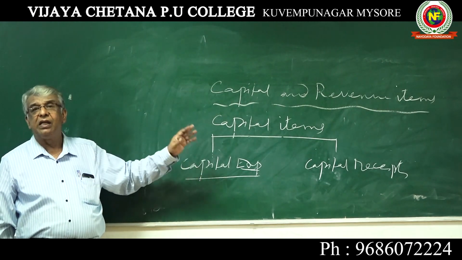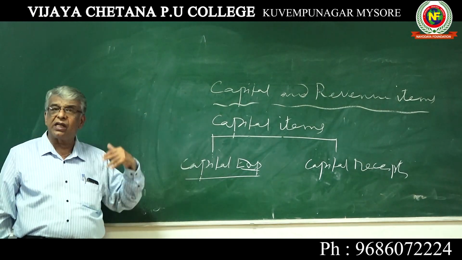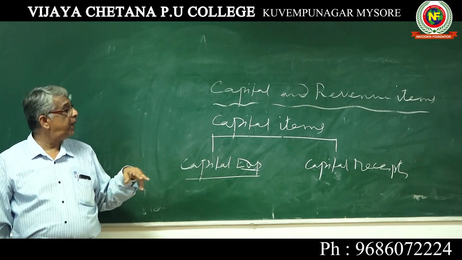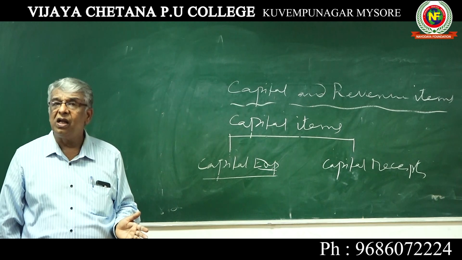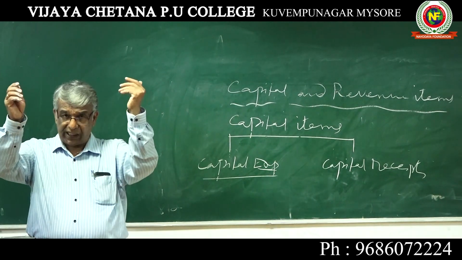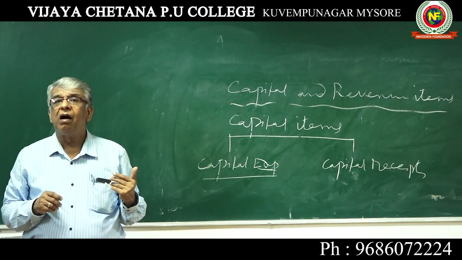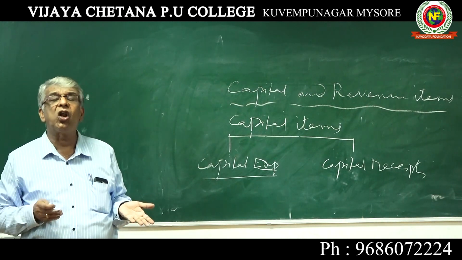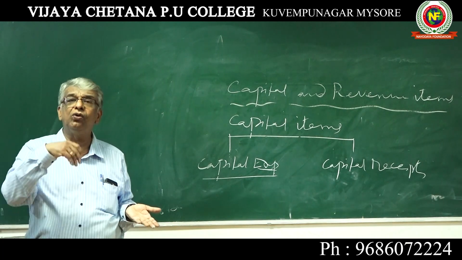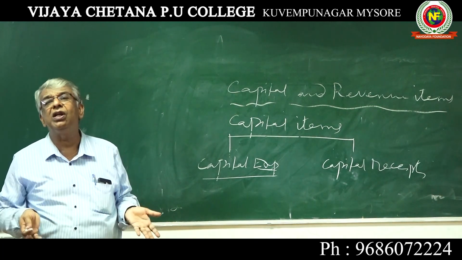So once again, the capital expenditures are those expenditures the benefit of which is spread over a number of years. Because when a hospital buys an X-ray plant, the hospital is going to use that X-ray plant for a longer period. They may use it for 10 years or 20 years.